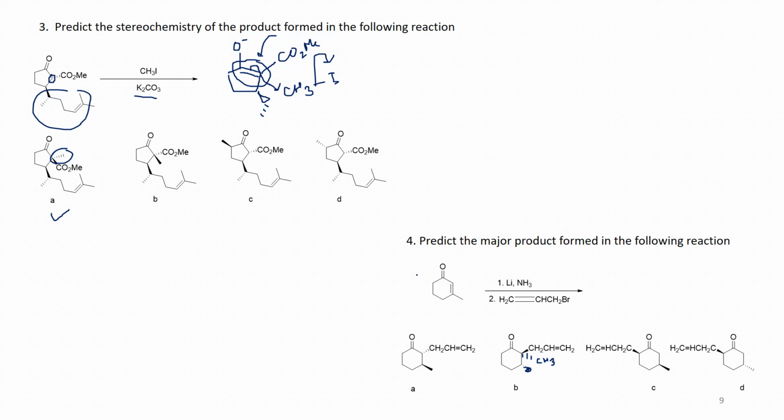Let's go to our next question. Predict the major product formed in the following reaction. Here also they have given lithium and ammonia, which also acts as a base, and they have given this electrophile, which is actually allyl bromide, just drawn in a different way.